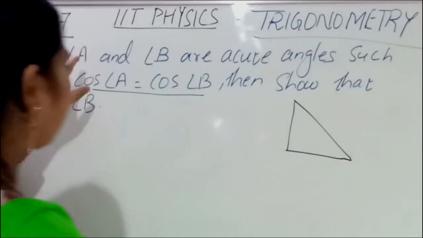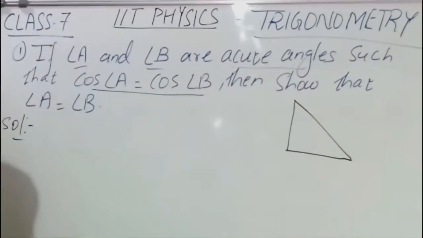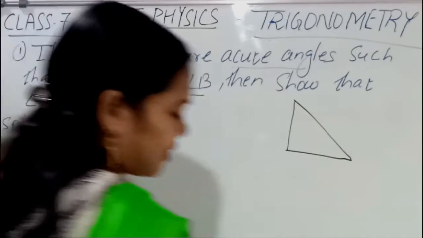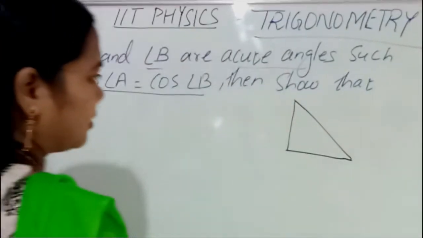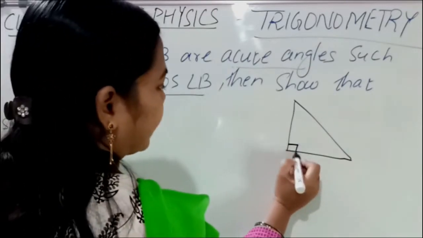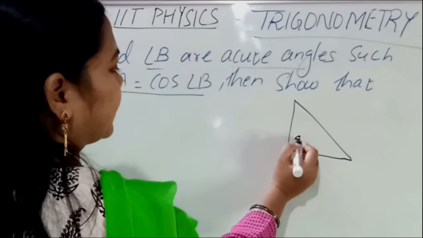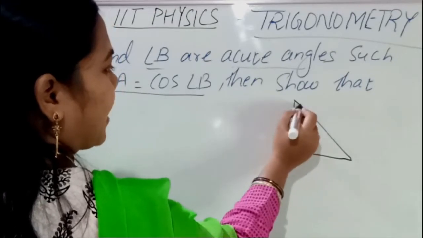Here what is given? Angle A and angle B are acute angles. So this is a right angle triangle. Here it is right angle, here 90 degree, so these two are acute angles.